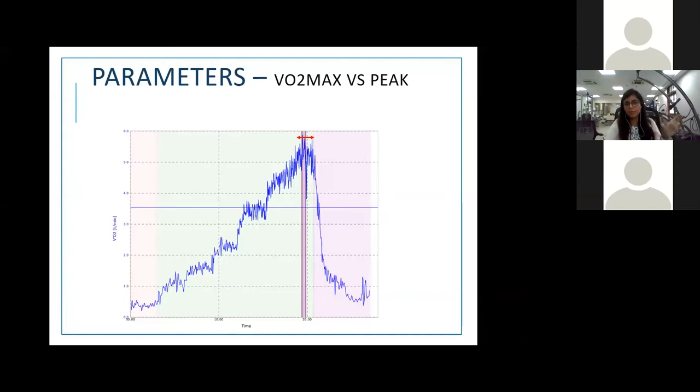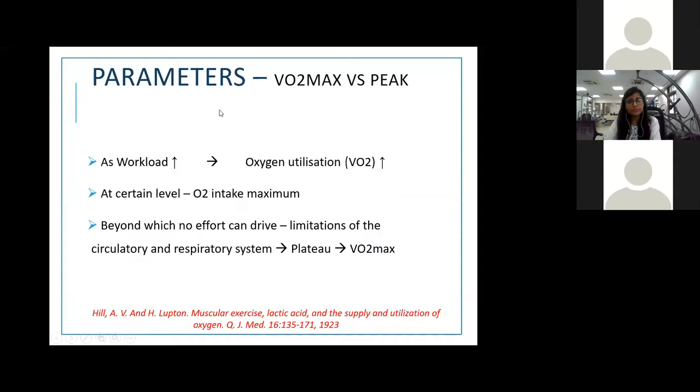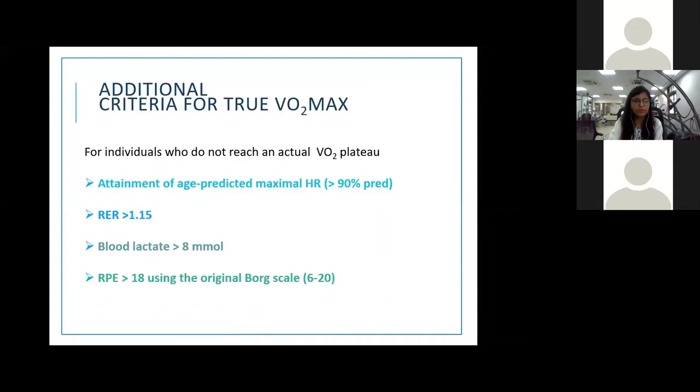VO2 peak means they reach the peak, but you don't know if there is something lying higher than that or not. But if it is the max, there is nothing more than that that person has. Okay, so this is what I had explained looking at that graph.